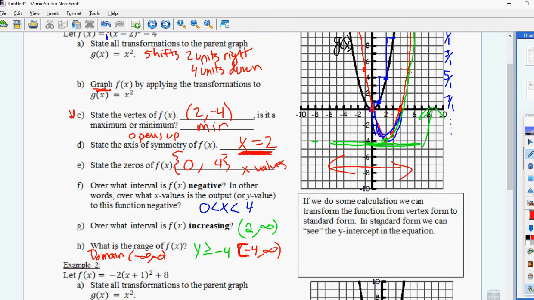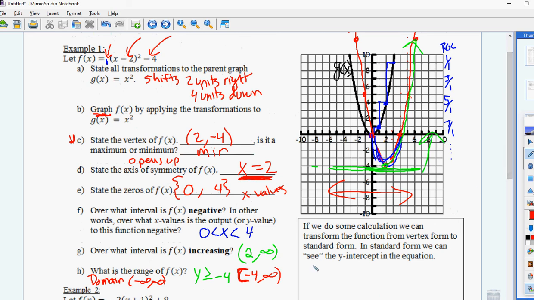And here they're asking if we do some calculations to transform the function from vertex form to standard form, we could actually see the y-intercept. So f of x, they gave it to us as x minus 2 squared minus 4.